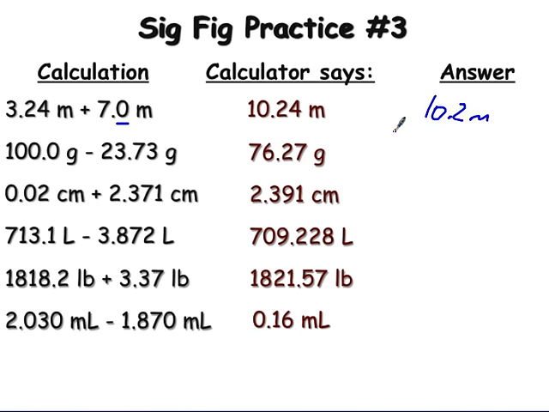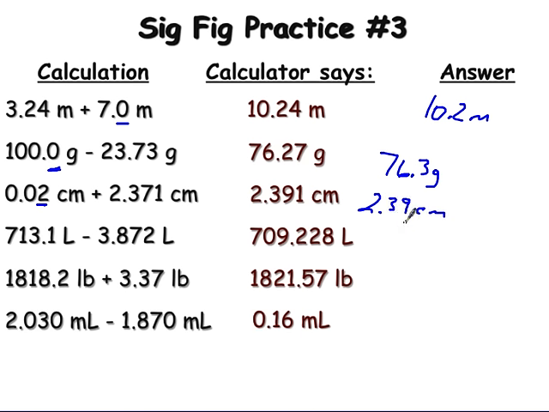That's 1 place past the decimal. This one also, the least amount of decimal places is 1 place. So 76 point, I'm going to round that up to 3 because there's a 7 after it. 2 places past the decimal and 3 places past the decimal. So I'm going to round to 2 places past the decimal. 2.39.